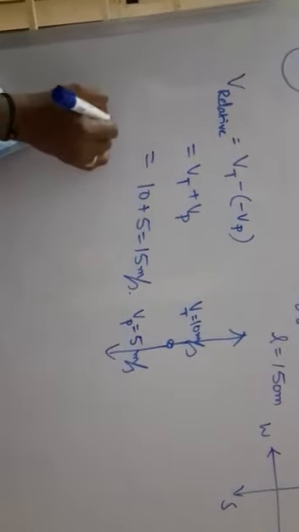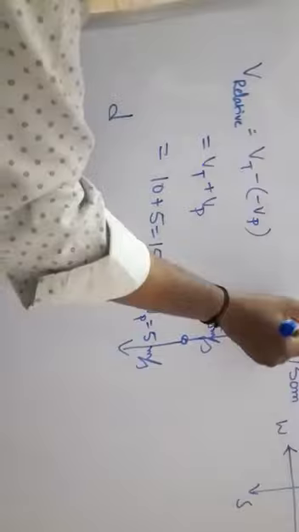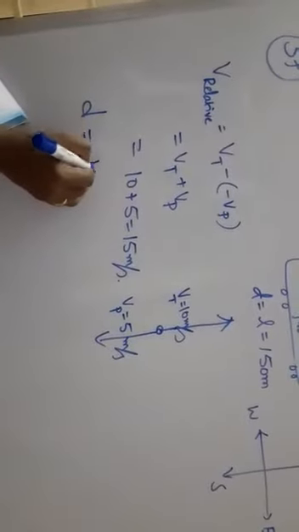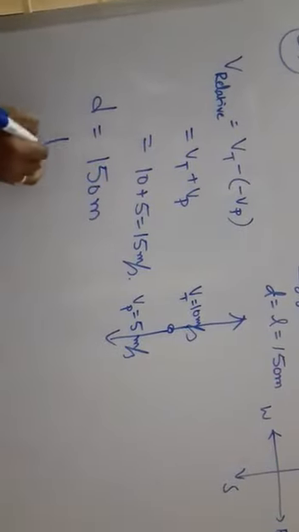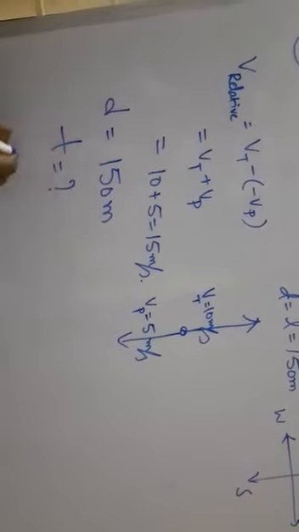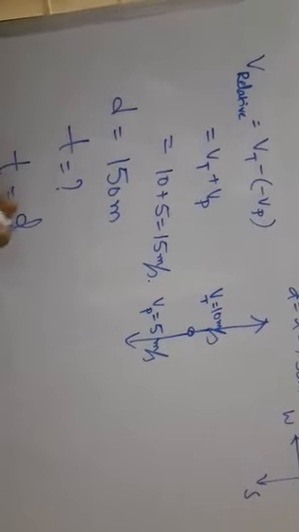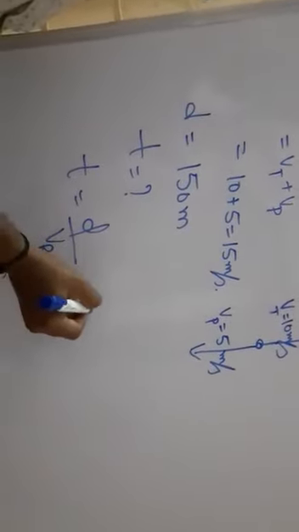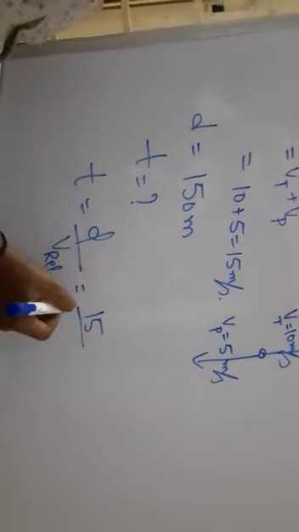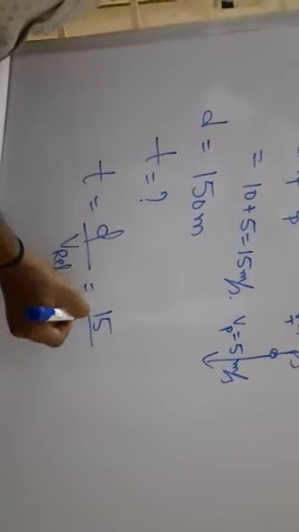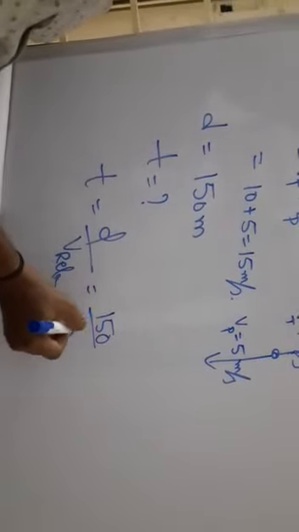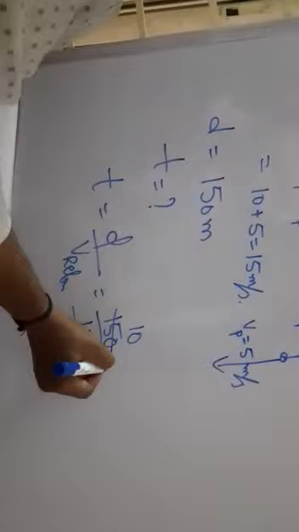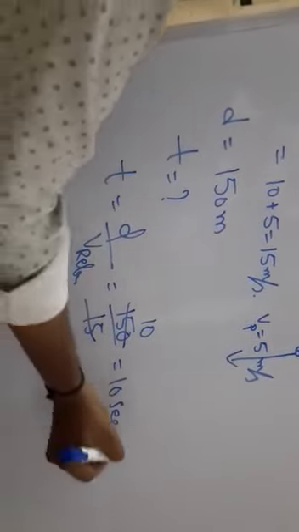Length is nothing but the distance, equal to 150. Time taken t is equal to d by relative velocity, 150 divided by 15, that is 10 seconds.